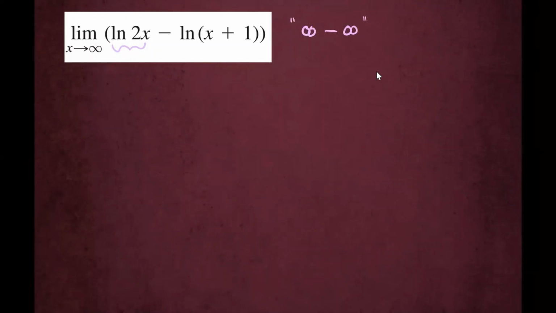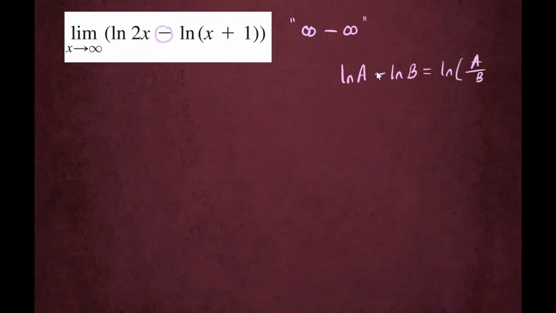So you want to convert that into a fraction. The way we're going to do it is by rewriting this function. Because there is a negative sign between logarithms, you can pull them together. Here we apply the law: ln of a minus ln of b is ln of a over b.